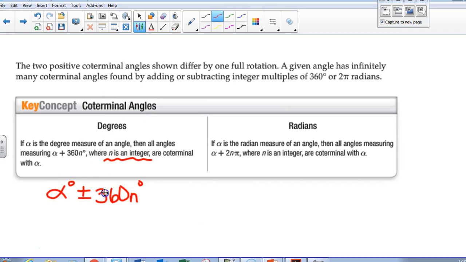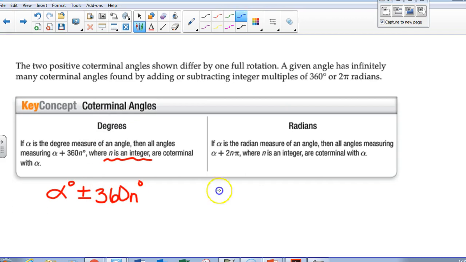Your book only uses plus because integers can be negative. So when I write plus 360n, it can be negative. I don't care if you write plus or minus. I learned it to write plus or minus, and it helps me remember that it could go either way. I could be adding or subtracting. So I will always write plus or minus. Okay? That is the way to write all angles coterminal.